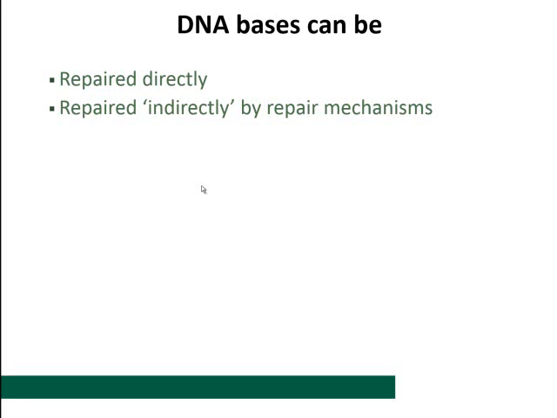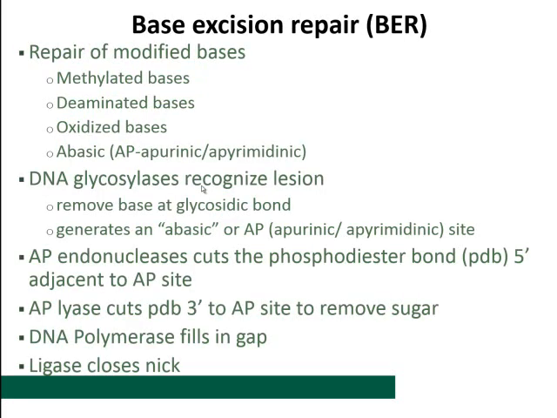DNA bases can either be repaired directly by a very direct mechanism, or they can be repaired indirectly by mechanisms that are stepwise in fashion. So let's begin. Let's discuss the first DNA repair.